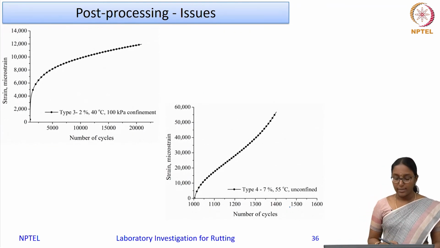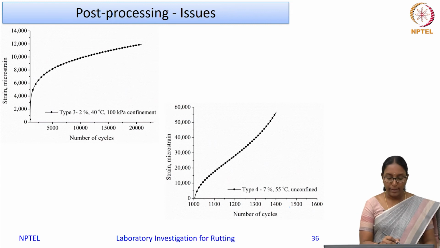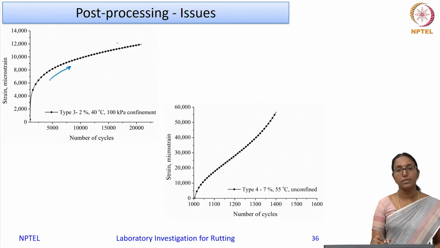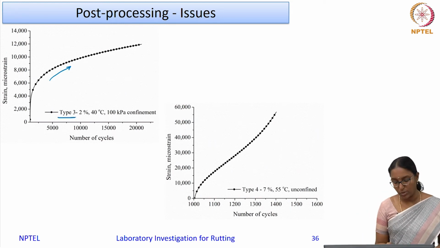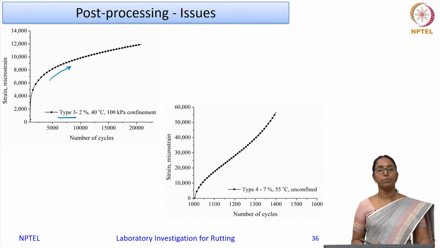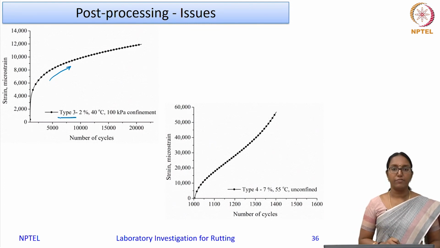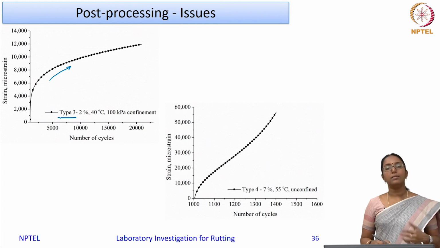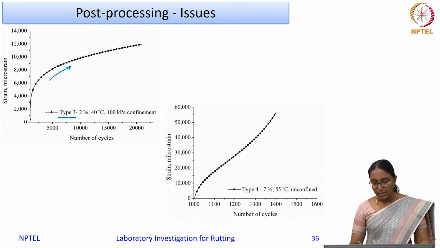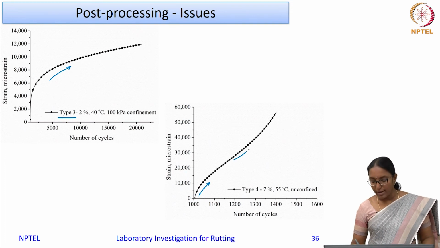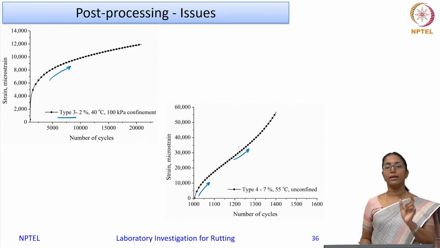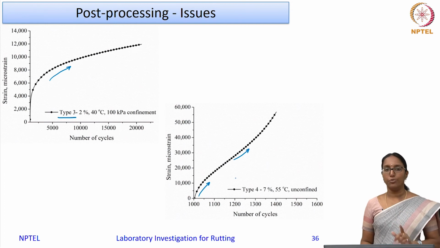Now, the third case is that you have only a primary stage. This has not even reached the secondary stage. So, this is type 3 of creep curve, and there is another type in which it went from primary directly to tertiary. There is not even a stable secondary stage that you could observe.